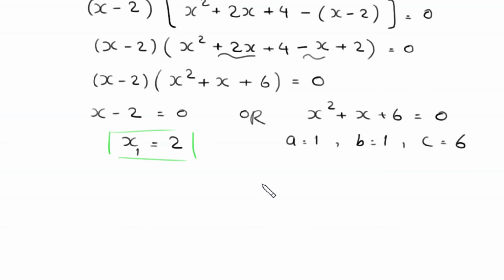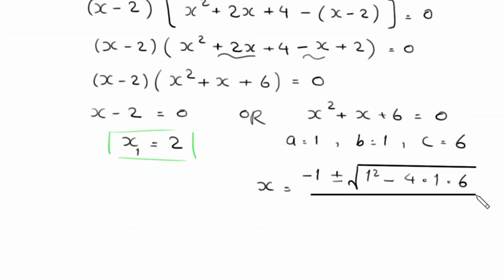And according to the quadratic formula, x is equal to negative 1 plus or minus square root of, in place of b squared we write 1 squared, minus 4 times in place of a 1 times in place of c 6, divided by 2 times in place of a 1.